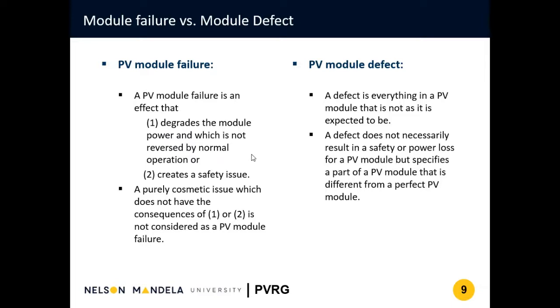Things like soiling or shading are not a module failure per se. A module defect is something present in a PV module that you're not expected to see. Often when we do EL imaging of modules, we pick up variations in the material, which is not necessarily having a significant effect on the module performance.